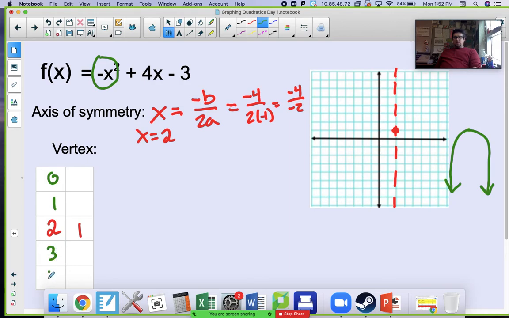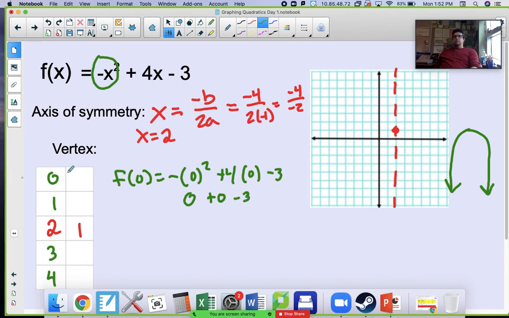I'm allowed to pick 3 and 4. 0 and 1 is a whole lot easier than 3 and 4, so we're going to do that. So f of 0 gives us -0 squared plus 4 times 0 minus 3. So that's really 0 plus 0 minus 3. So that's -3.